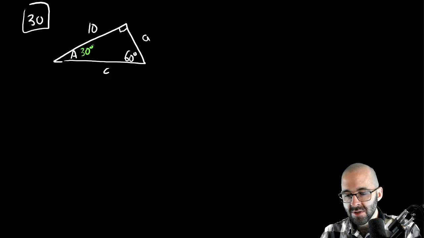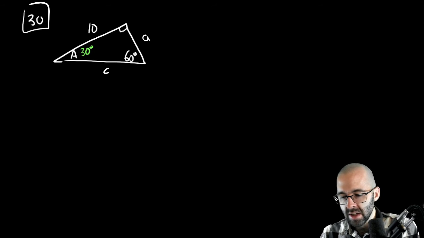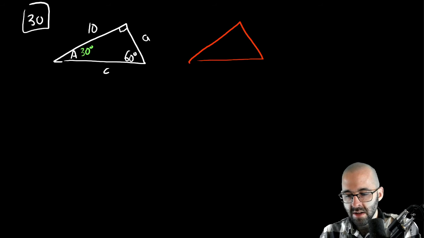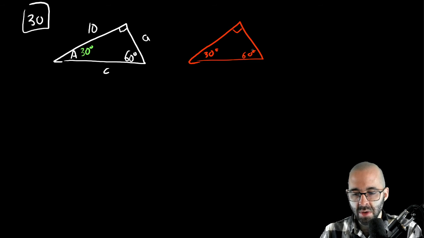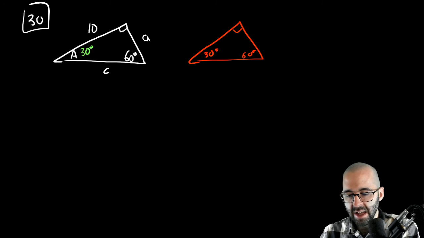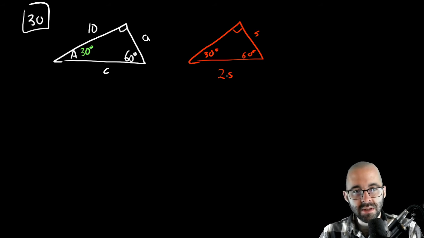Remember 30, 60, 90 triangles, if you want to go off to the side. It's helpful to orient them the same way. So you can either write them both in standard form or both in this way. Have the short side of length S. The hypotenuse is always going to be double the short side.